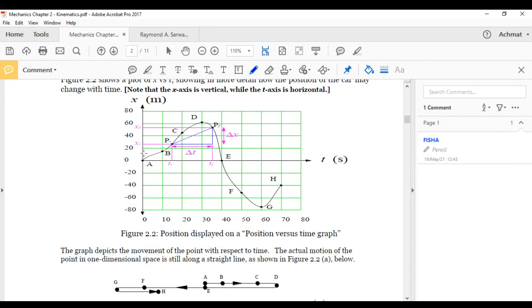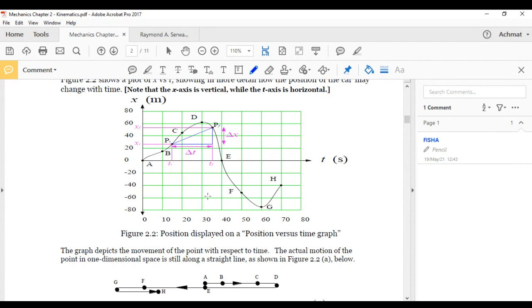After 10 seconds, we reach position B. After 20 seconds, we reach position C. You see, from there to there to there to D, and then back to E, and then to F, and then to G, and then back to H. You see, the position is also still along a straight line. And we get this shape because of the time. Time continues from that point onwards. Time continues. So we end up with this graph.